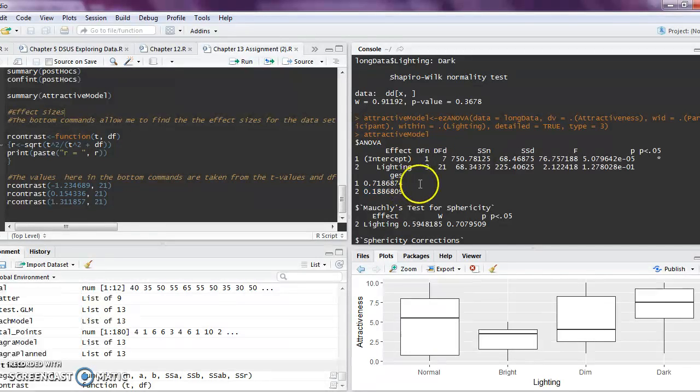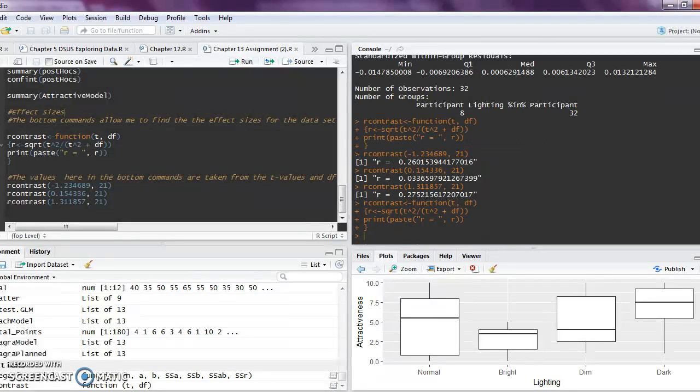So we do have a small effect size here, but if you were to do your contrast, or use the LME function specifically, then you would have to run these commands here, and then use the t values and the degrees of freedom values in that summary attractive model that we have here.